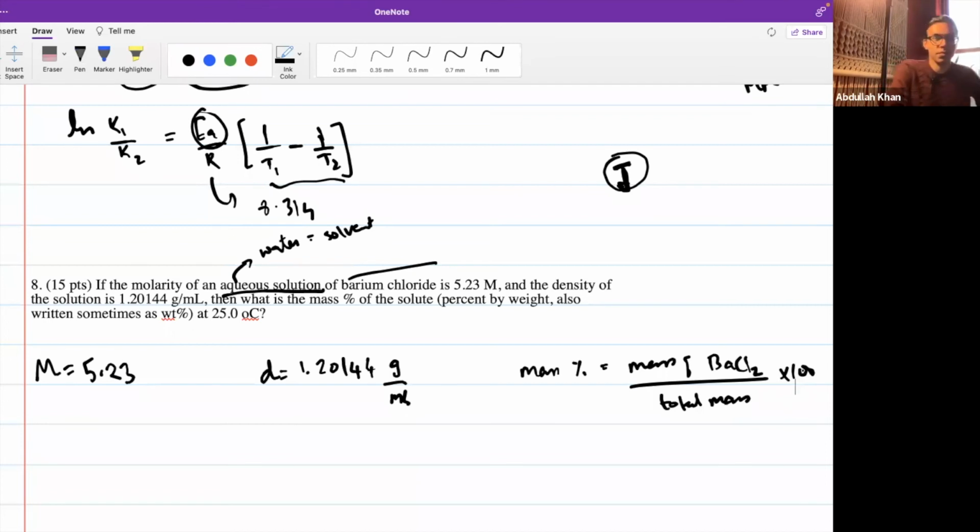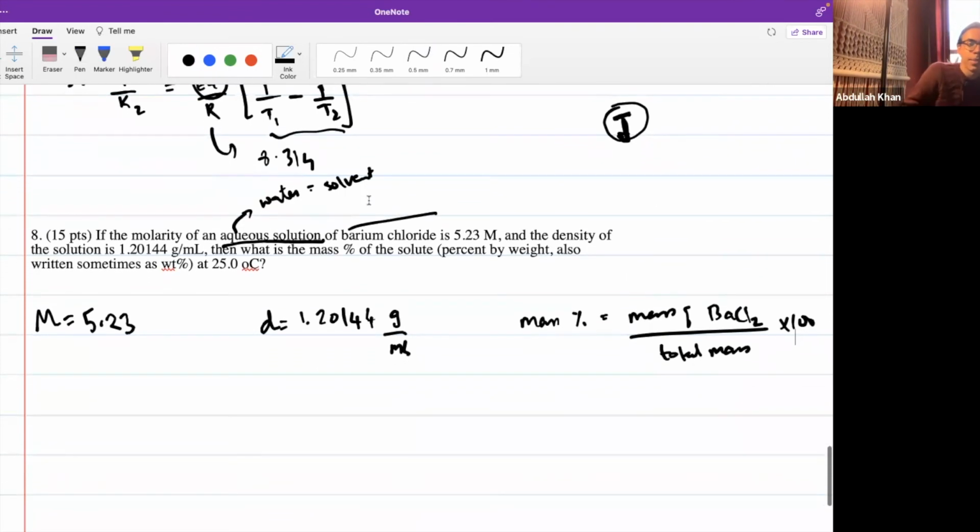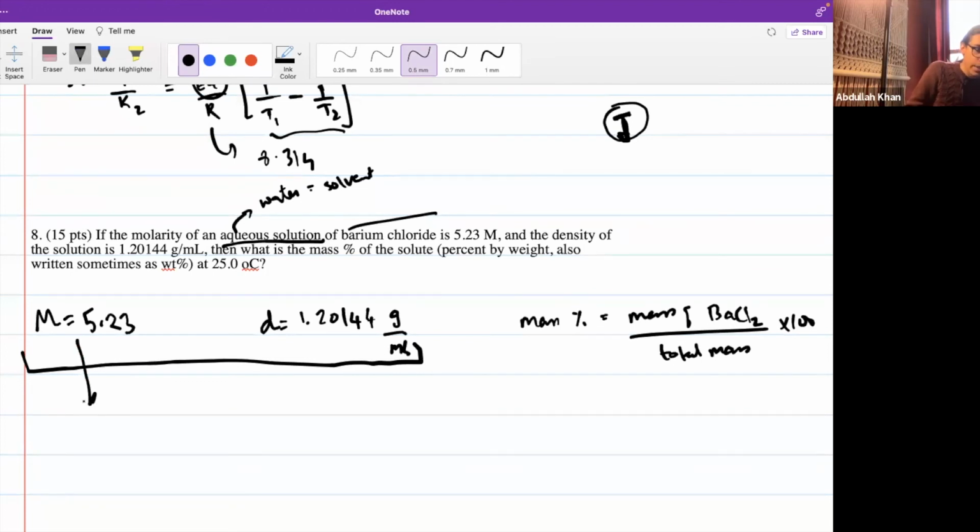So what do we do? We somehow need to combine these two pieces of information. What does 5.23 molarity mean?